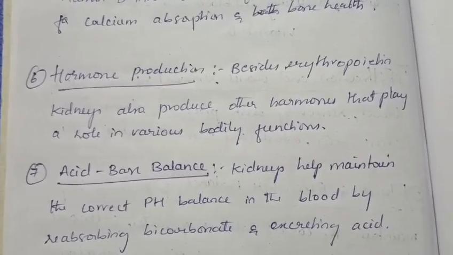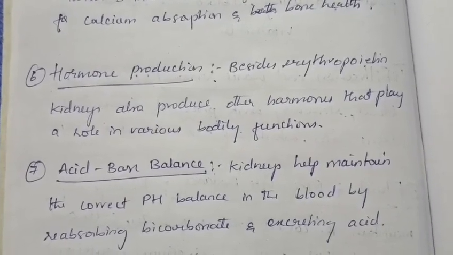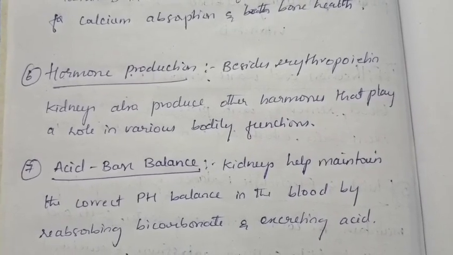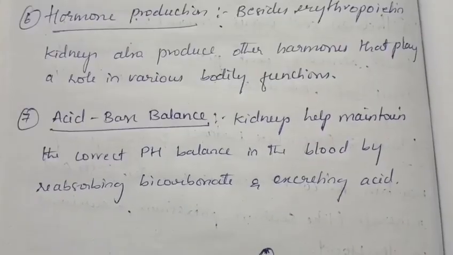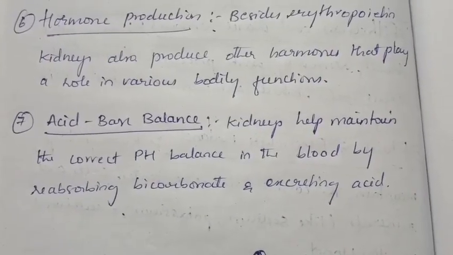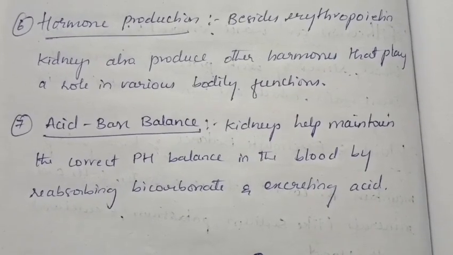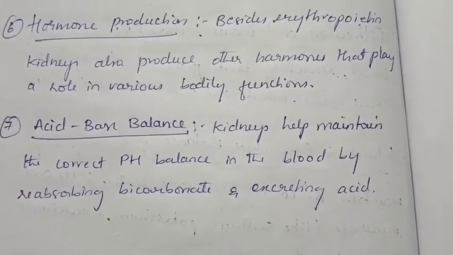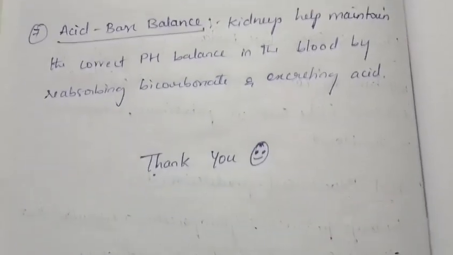Hormone production: besides erythropoietin, kidneys also produce other hormones that play a role in various body functions. Acid-base balance: kidneys help maintain the correct pH balance in the body by reabsorbing bicarbonate and excreting acid.